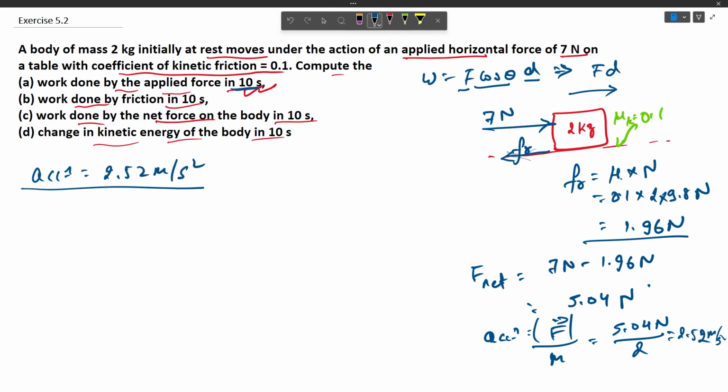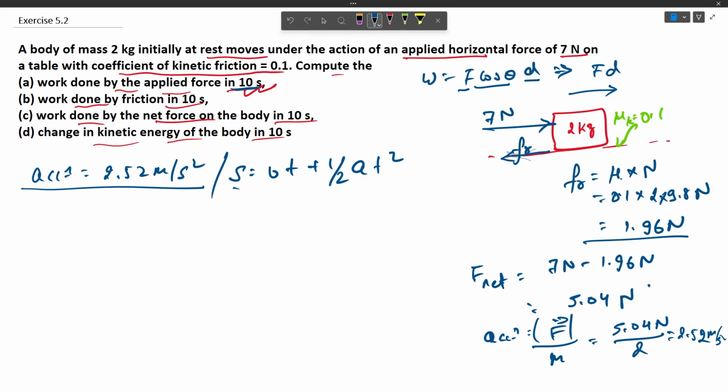So we can use this acceleration with the equation of motion, s equal to ut plus half at square, to find out the displacement, where s is the displacement in the direction of acceleration.